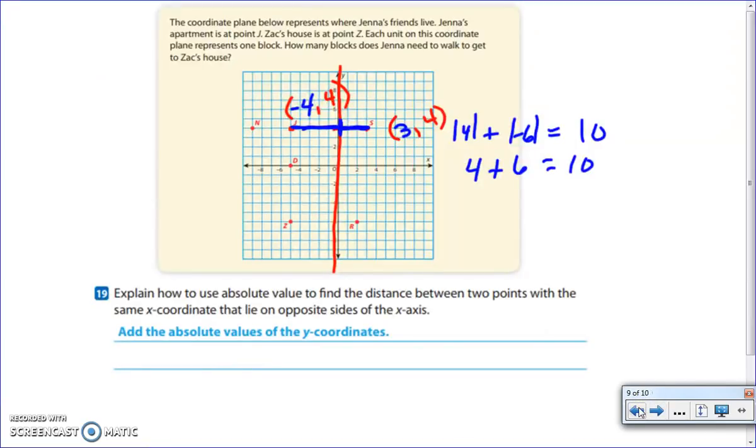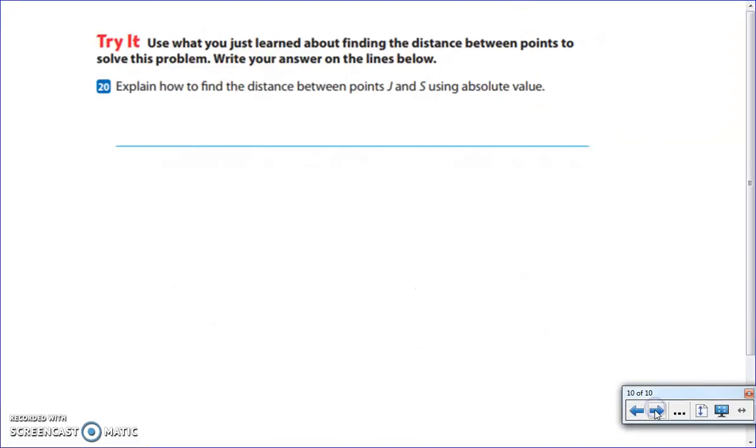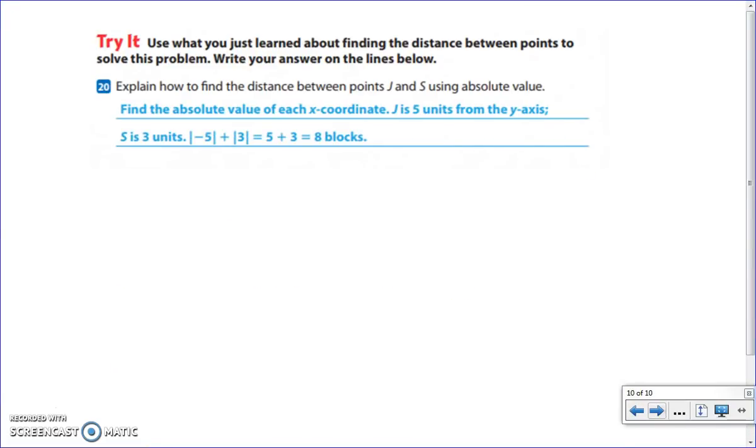I should just write it here. The absolute value of -4, that represents the distance that J is from the y-axis, and the absolute value of 3, that's how far it is from the y-axis to S. That is a total distance of 7. 4 plus 3 equals 7.